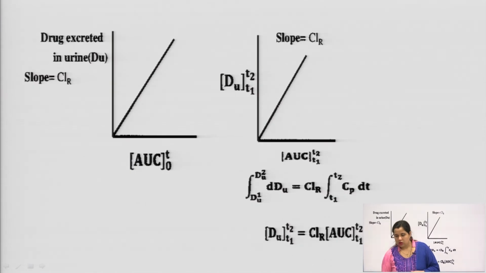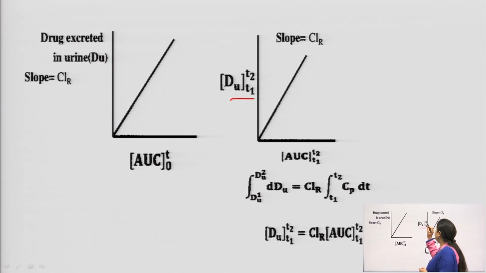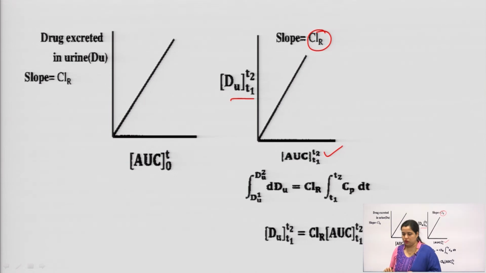So, basically drug excreted in urine can be represented over two different time intervals, T1 and T2, and the slope will give you the value of CLR, or the AUC will give you the value of plasma concentration. So, these equations we can use for calculating renal clearance using the graphical method.